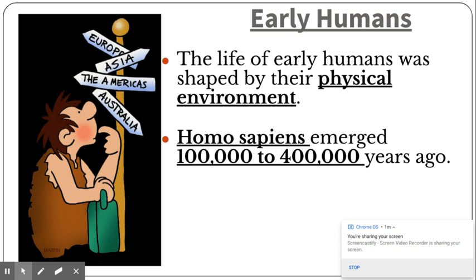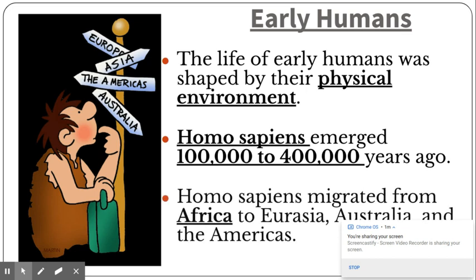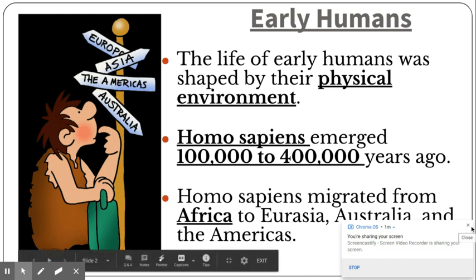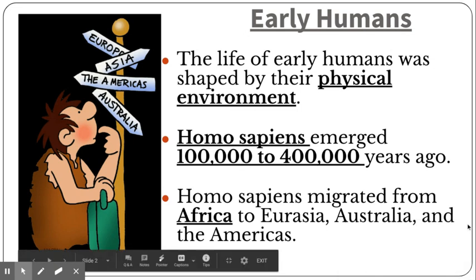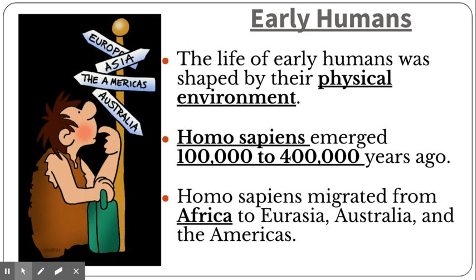The earliest species, known as Homo sapiens, emerged 100,000 to 400,000 years ago. Homo sapiens migrated from Africa to Eurasia, which is the continent where Europe and Asia are connected, the island of Australia, as well as to the Americas.